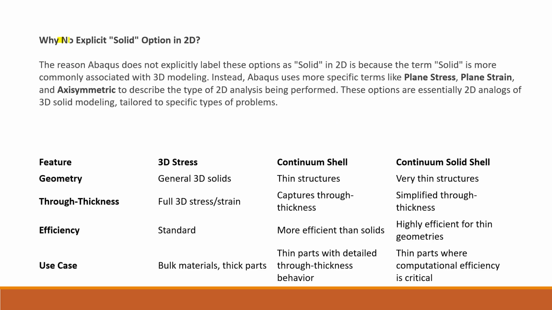Why is no explicit solid option given in 2D? We have just discussed this: in Abaqus it is mentioned explicitly as plane stress, plane strain, and axisymmetric, which is why solid is not mentioned there. 3D stress elements are used for modeling the exact, fully 3D solutions with full 3D stress and strain, while the continuum shell is good for thin structures, and the continuum solid shell for very thin structures.